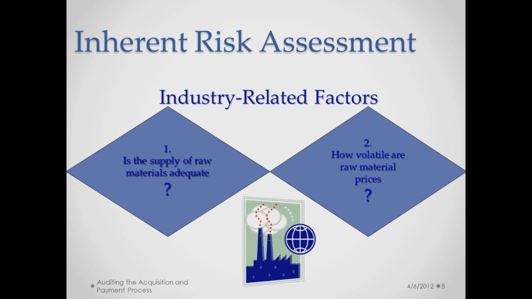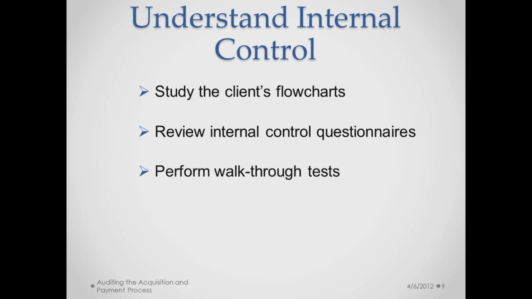And if you're in a situation where you can't pass that increase in price onto your customer, in the sense that you could raise sales prices, it's going to impact your bottom line. Or if you try to pass it on and the customer says, whoa, I'm not buying that from you, it's going to impact your bottom line. So these are the kinds of things, at least, that would impact your inherent risk assessment related to the acquisition cycle.